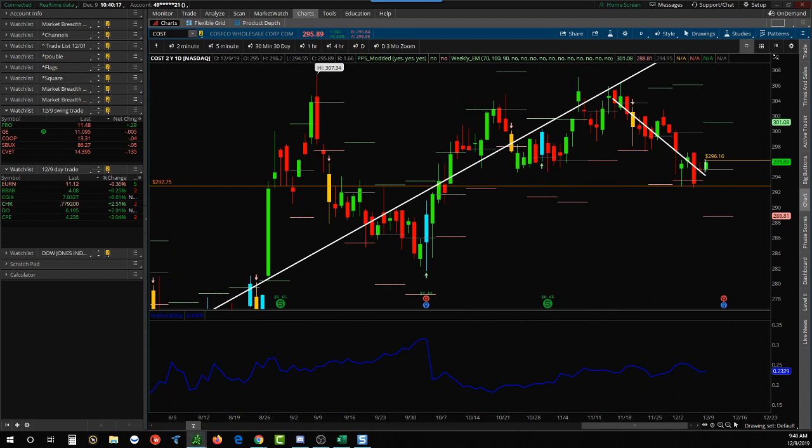But just like Black Box Stocks and Cheddar Flow and TrendSpider, all these companies that have their own niche, Earnings Whisper focuses specifically on earnings. So if earnings plays are the way that you want to make money, you'd probably want to get as much edge as you can.